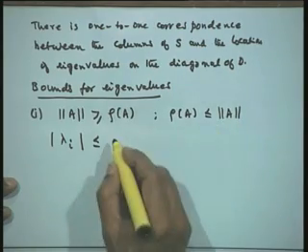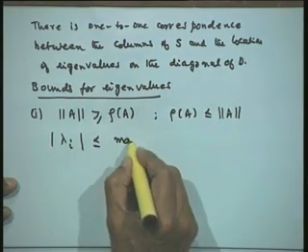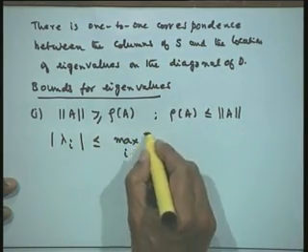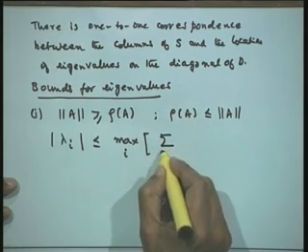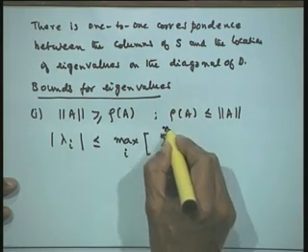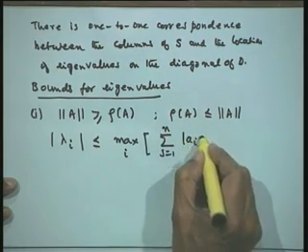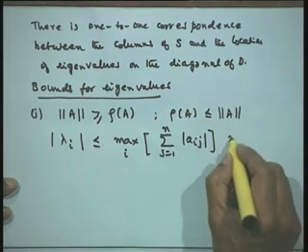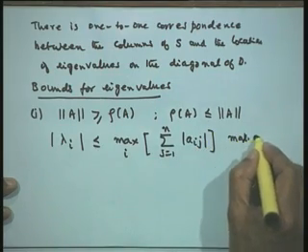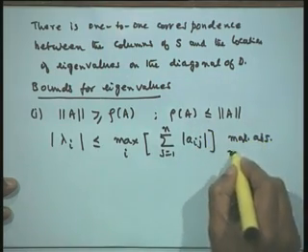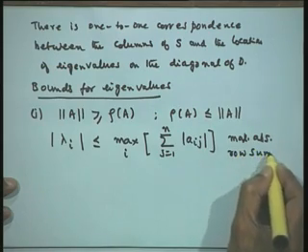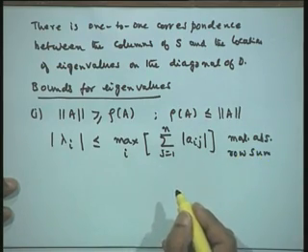That is, maximum with respect to i of the summation of all the elements in the row. We call this the maximum absolute row sum.